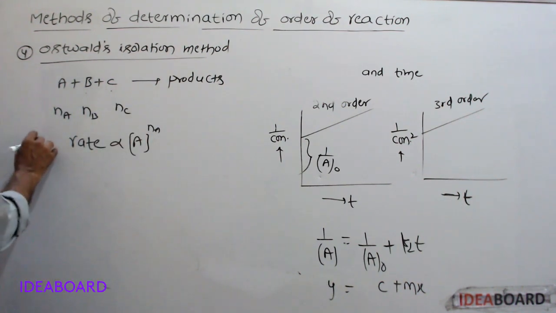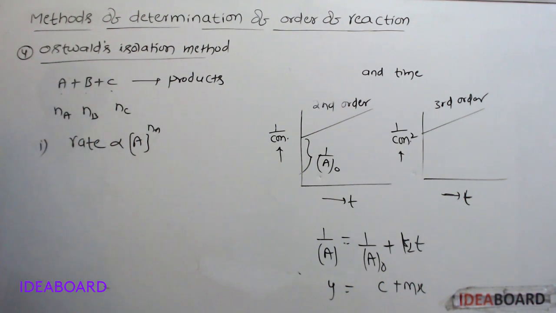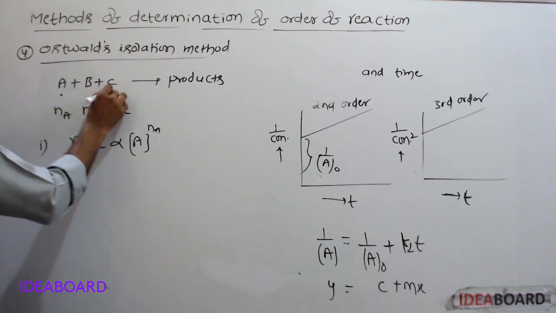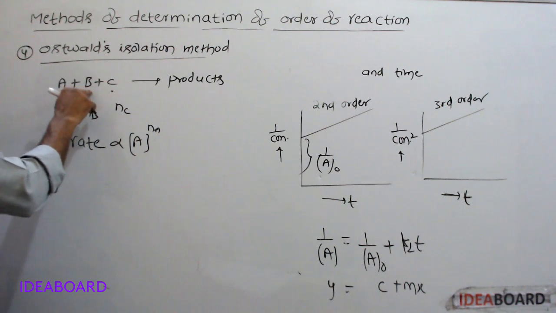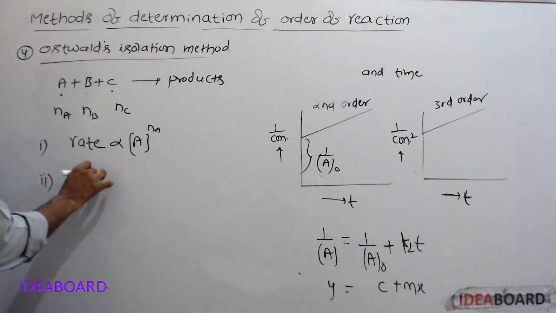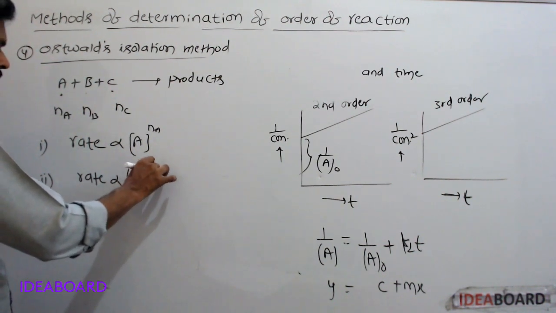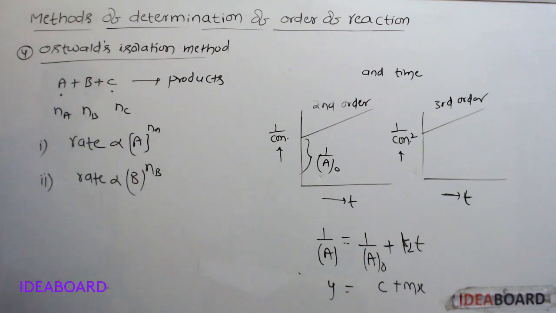Similarly, if we take excess of A and C, then the rate of reaction depends only on B concentration. Then rate is directly proportional to [B]^Nb.